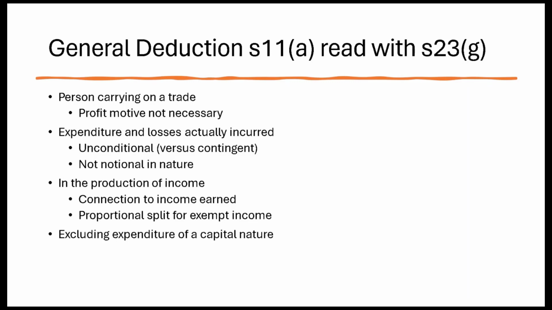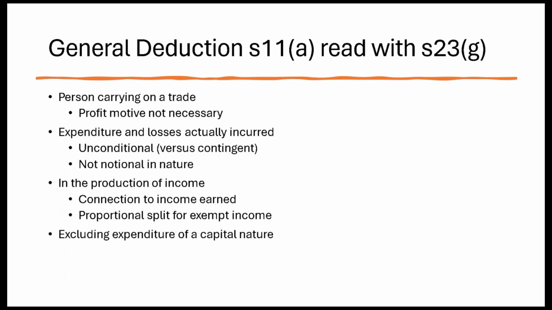Now, if it so happens that I also use this laptop to do something else that's unrelated to my trade, so if I play games with it, or I use it for general household purposes, I do my household budget, I'm allowed to deduct the expenditure to the proportion that I use that laptop for carrying on a trade.